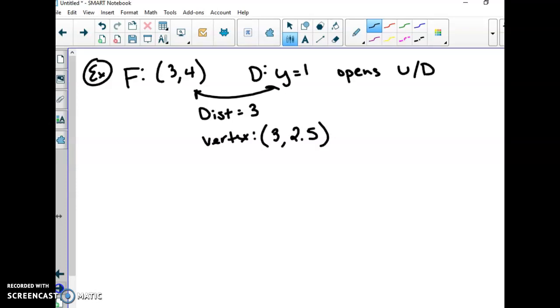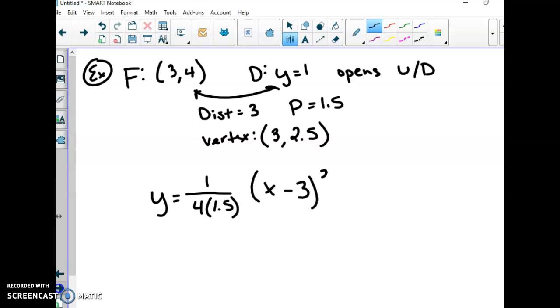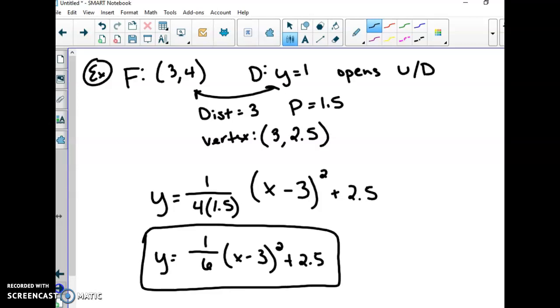I know that my p value is 1.5, so I can now write my equation. y equals 1 over 4 times 1.5, (x minus 3) squared plus 2.5. Now I don't know about you, but I need to simplify this a little bit further. So y equals 1 over 6, (x minus 3) squared plus 2.5.